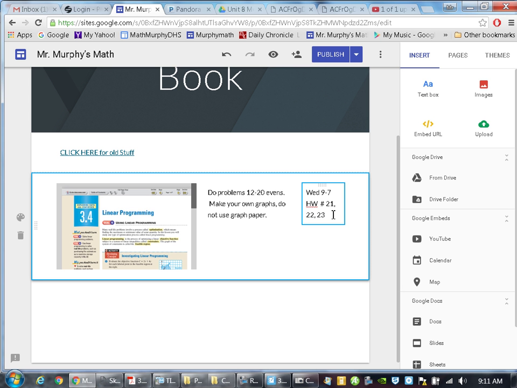Apparently we're still working on trying to get this whole Pearson thing to work. It still doesn't work. I found out that we're not the only ones in the country having this problem. There are other people across the country with the same issues. They have no idea why. So we're paying for it, but it's not working.